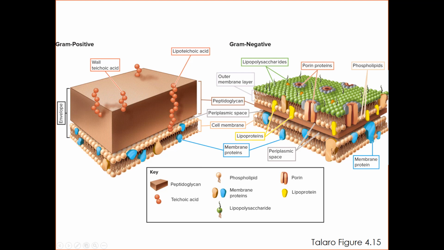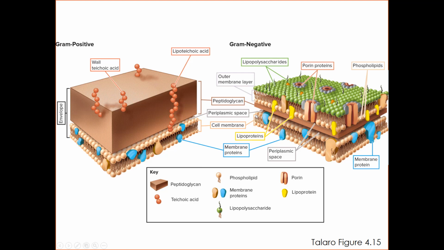Also, in that cell envelope, between the cell membrane, now remember all cells have a cell membrane, it's composed of phospholipids, and the peptidoglycan layer is the periplasmic space. Now the periplasmic space is another one that is large in gram-negative cells.